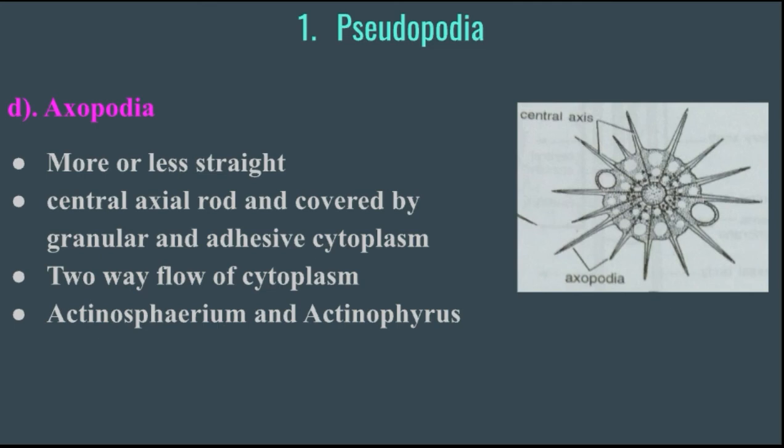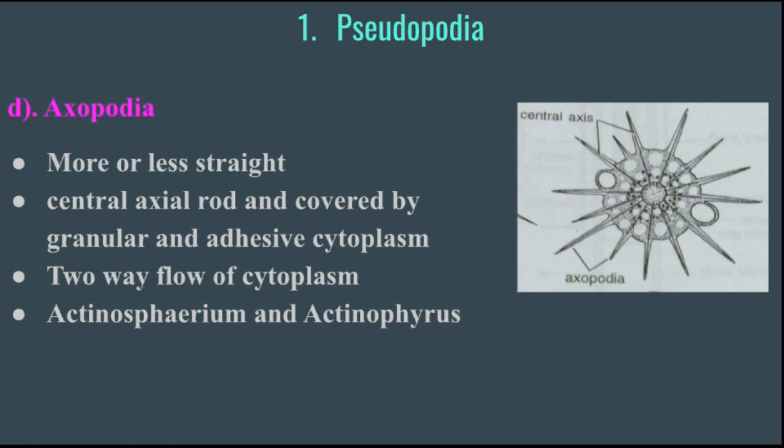Next and last is the axopodia. These are more or less straight pseudopodia radiating from the surface of the body, and each axopodium contains a central axial rod covered by granular and adhesive cytoplasm.